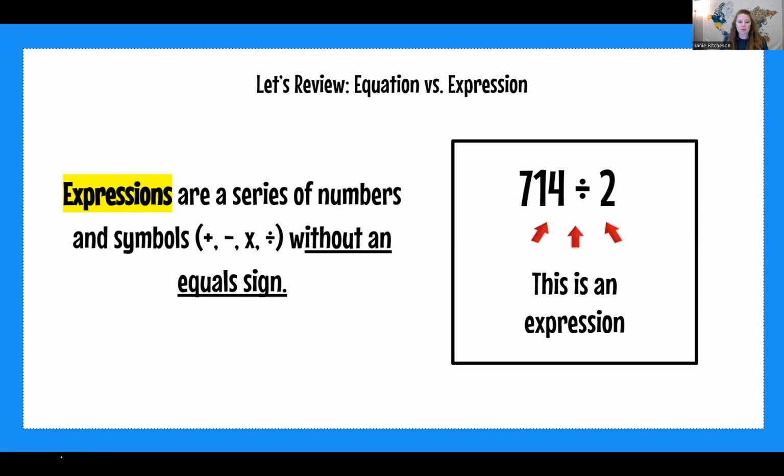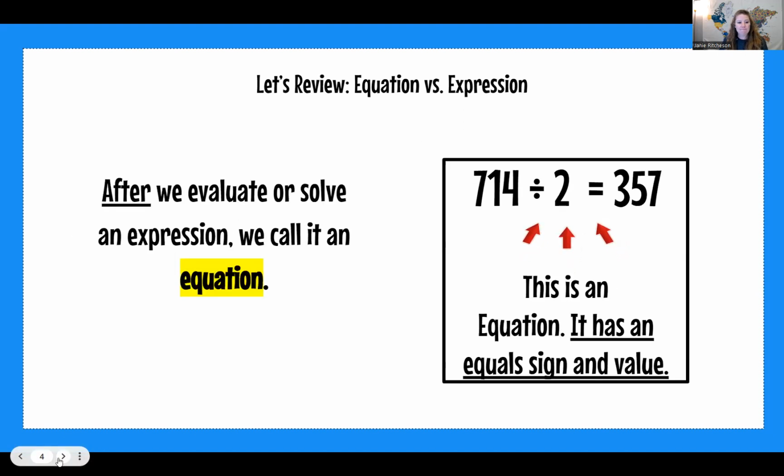Once we put that equal sign in there, this expression has now become an equation. Since this has an equal sign and value, it is no longer an expression, it is an equation. Equations have equal signs, and expressions do not.